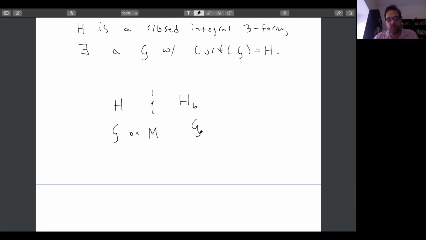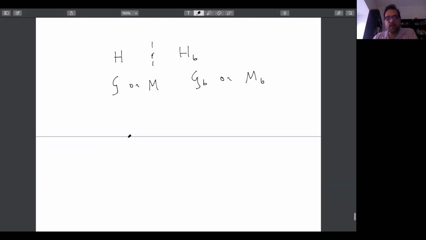But there's also a gerbe GB on the body, which is purely a gerbe in ordinary geometry. And how do these compare? Well, they have different curvatures. The curvature of this is HB, the curvature of this is H, and those are not equal. They differ by this exact form.